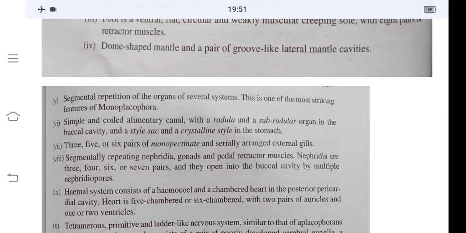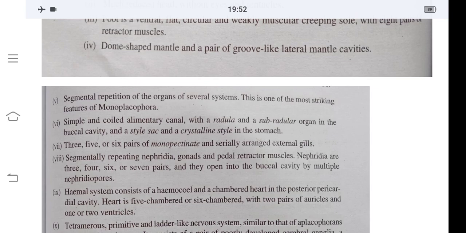And this is the important point: segmental repetition of the organs of several systems. Next feature is a simple and coiled alimentary canal with a radula and a subradular organ in the buccal cavity and a style sac and a crystalline style in the stomach. 3, 5 or 6 pairs of monopectinate and serially arranged external gills are present.